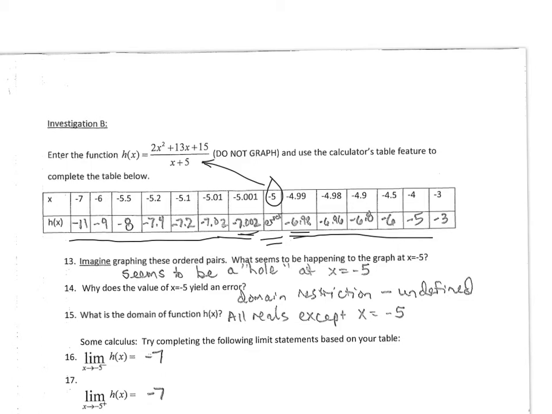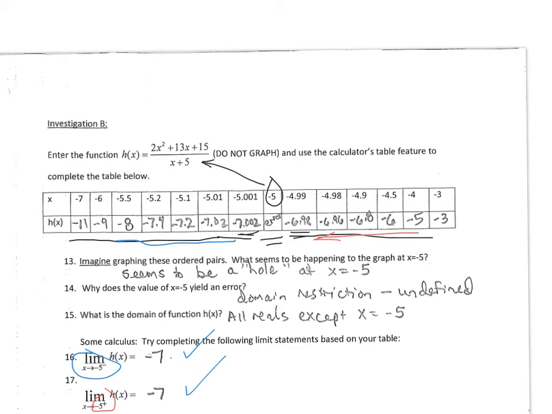And therefore, we end up going towards negative 7 on both ends, as x approaches negative 5 from the negative side, and as x approaches negative 5 from the positive side. Okay?